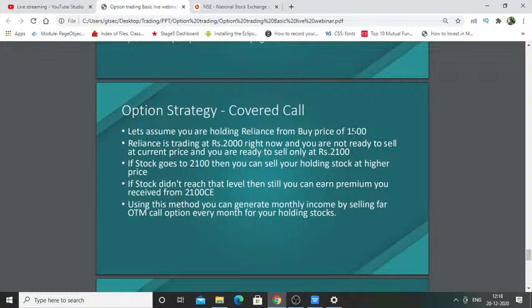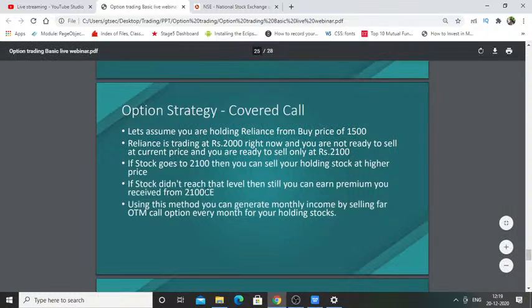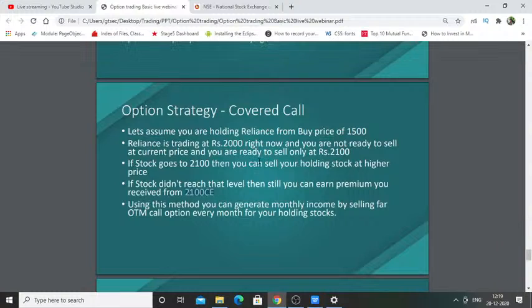If the stock doesn't reach 2100, you will earn whatever premium you received by selling this 2100 call option. Let's assume that by selling the 2100 call you have received 50 rupees as your profit. If Reliance doesn't reach the level of 2100, then the option premium you have sold will be your profit.